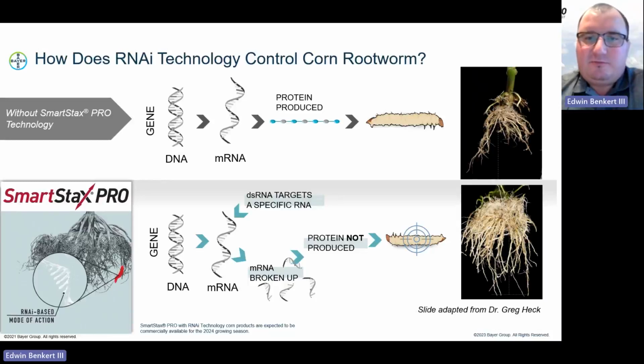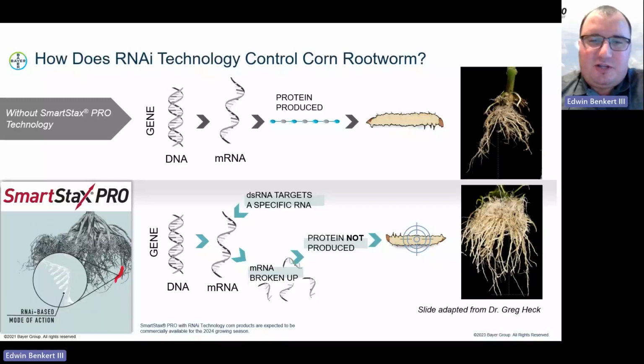And the same is true with the rootworm. There are some gene sequences and gene fragments that are called major housekeeping gene sequences. And these major housekeeping gene sequences are essential for life. So without these being expressed, life doesn't happen, right? And that's what the DV-SNF7 gene sequence is in corn rootworm.